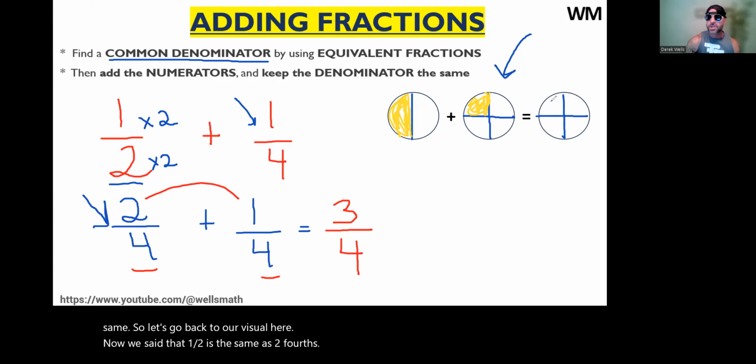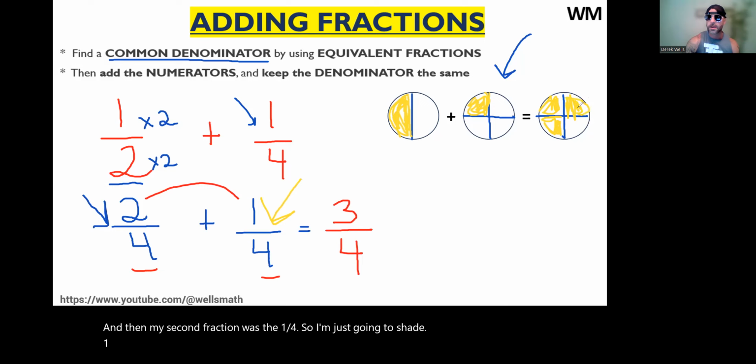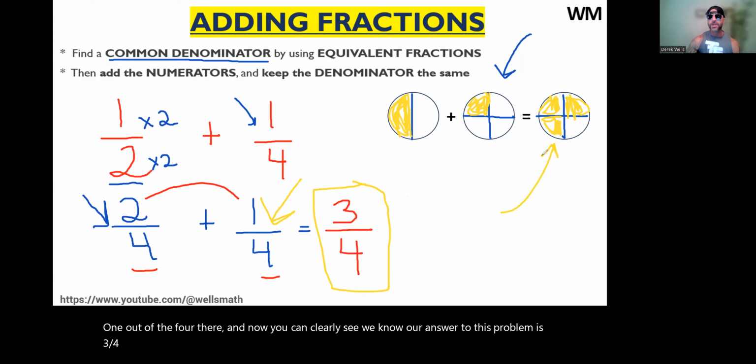So I'm going to shade in 2 out of the 4 pieces in yellow here. And then my second fraction was the 1/4, so I'm just going to shade 1 out of the 4 there. And now you can clearly see, we know our answer to this problem is 3/4, and we do have 3/4 of our circle shaded, okay?